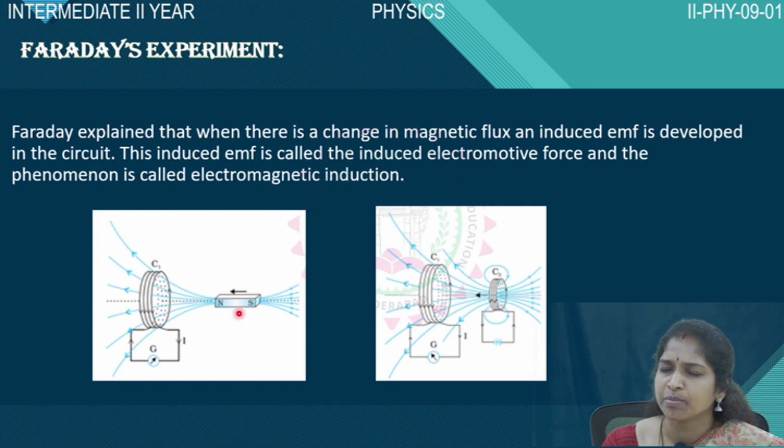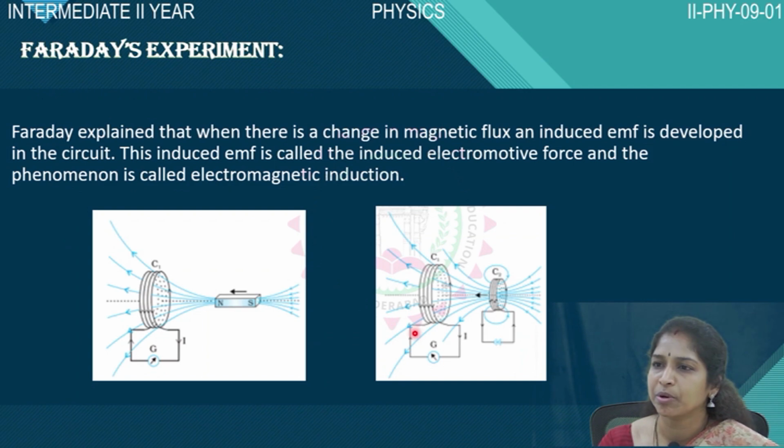He observed a deflection in the galvanometer. The galvanometer pointer showed some deflection. Then he immediately moved the magnet away from the coil, and the galvanometer started showing deflection in the other direction.